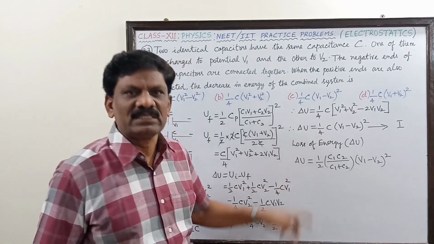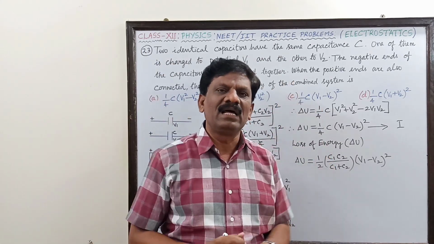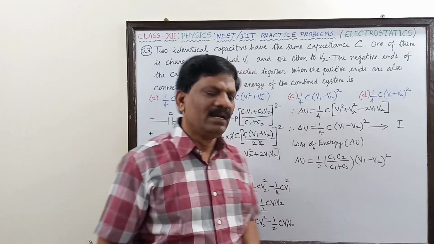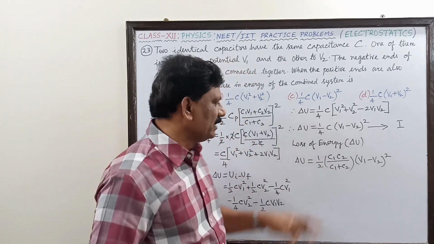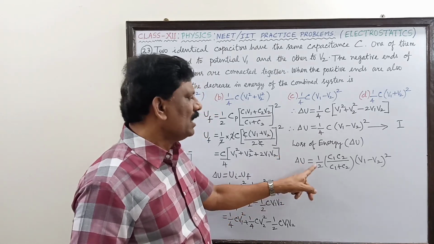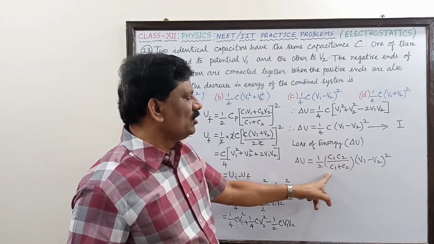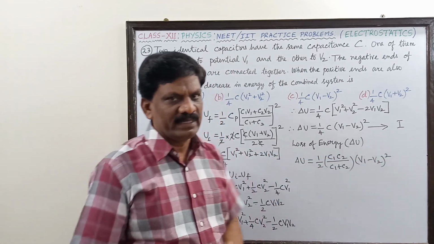This expression you have to be thorough. When two capacitors having different potential differences are connected in parallel like this, then the loss of energy is given by delta U equal to half into C1 C2 by C1 plus C2 into V1 minus V2 the whole square. This is the expression.